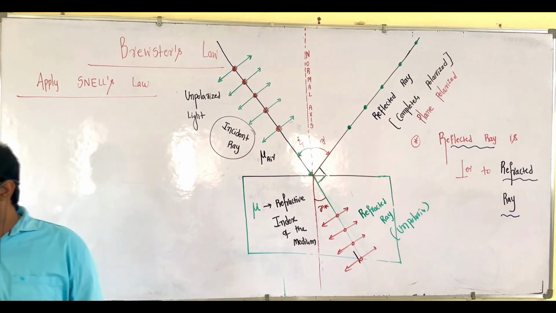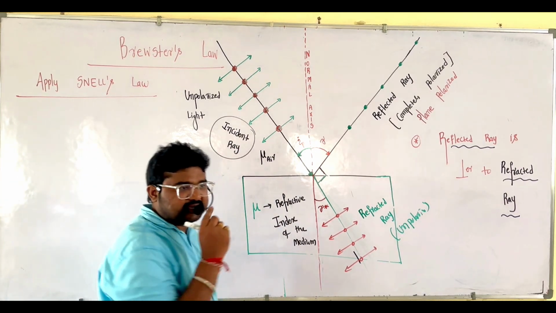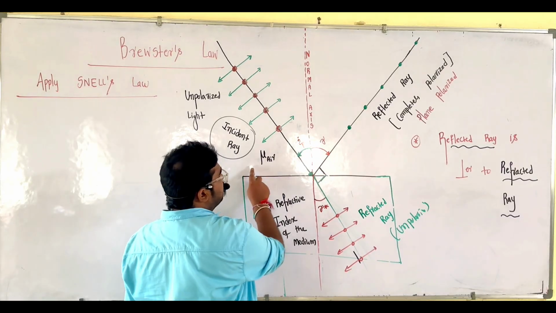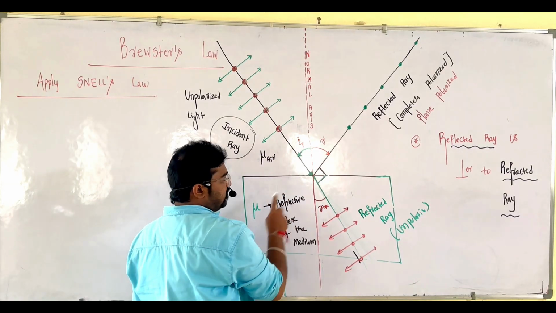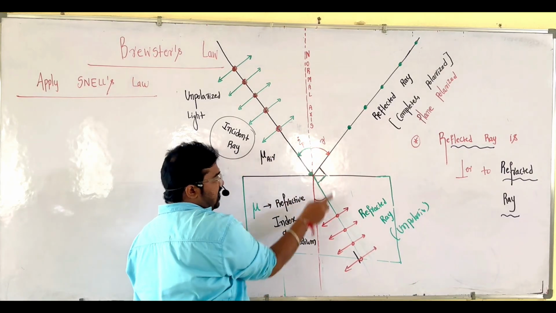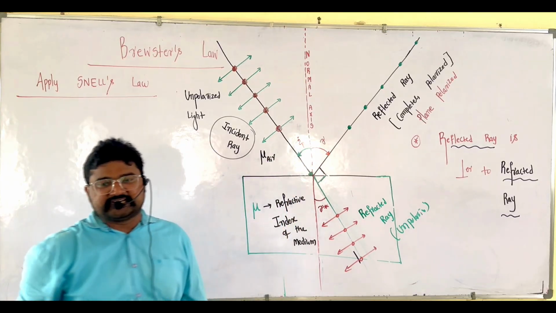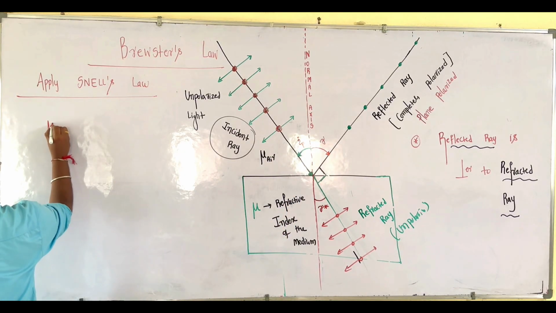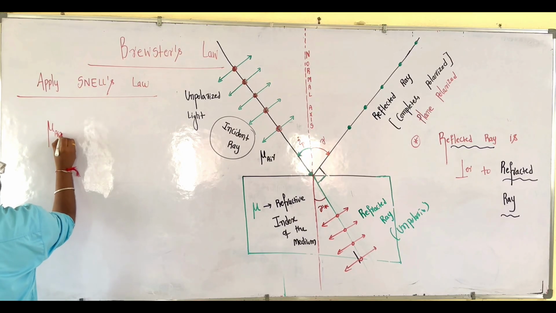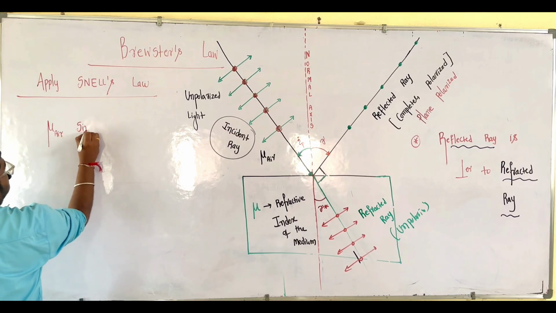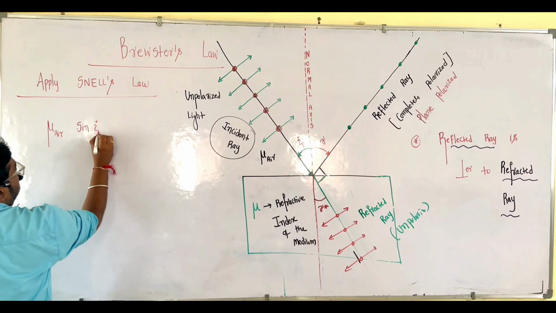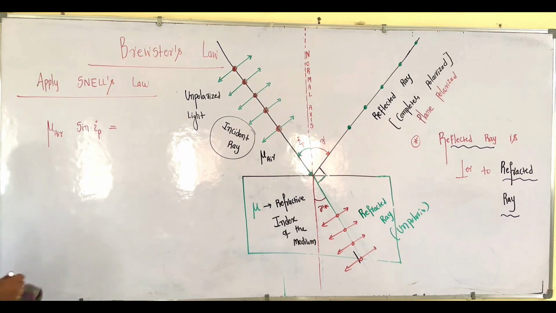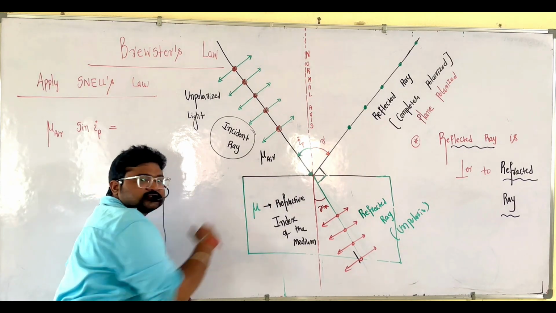Snell's law is used in the refraction, mu into sin, mu into sin. So what is that? Mu air, corresponding air, into sin how much? IP. Are you following? Mu into sin, mu into sin.